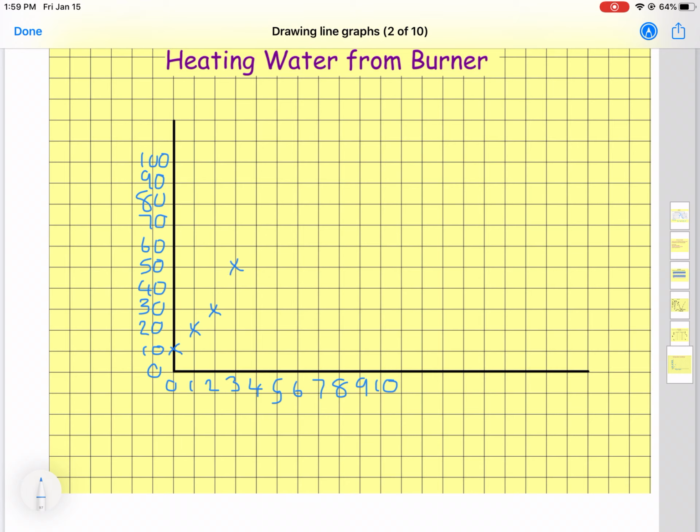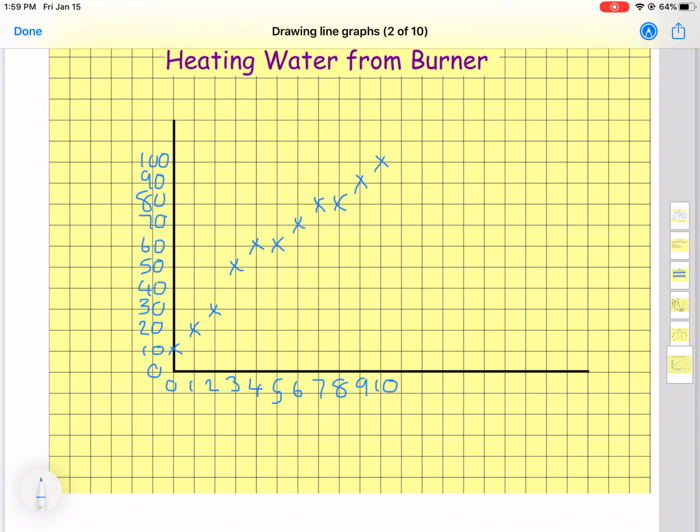After 4 minutes, 60. 5 minutes stays at 60 as well. 6 minutes we've got to 70. 7 minutes is 80. 8 minutes is also 80. And 9 minutes, 90. After 10 minutes, it has reached 100 degrees.